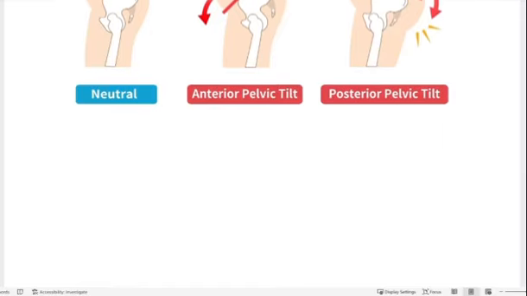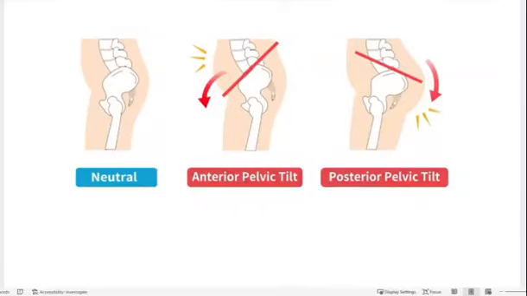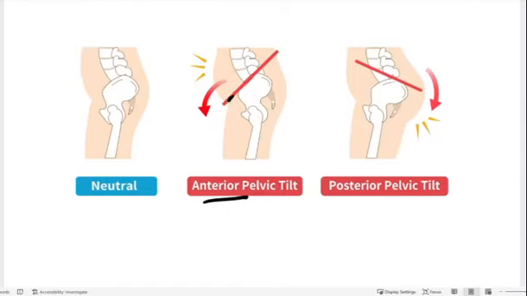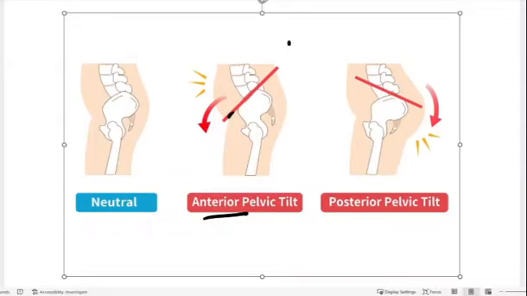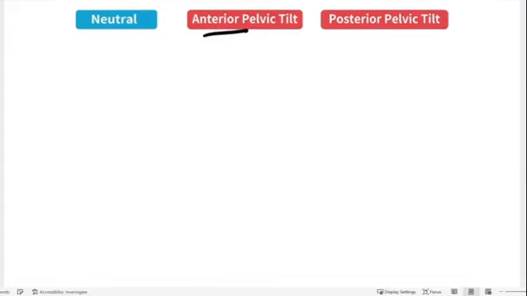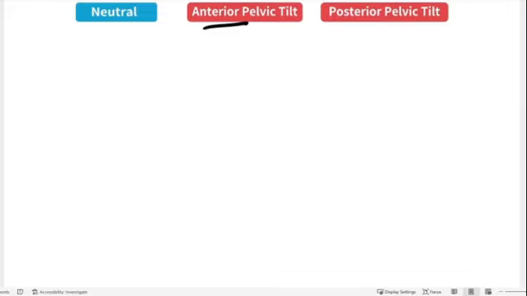In anterior pelvic tilt, your pelvis is tilting forward, as you can see here, and that is associated with lumbar lordosis. Similarly, if your pelvis is going posteriorly, then it is associated with straightening of your lumbar lordosis.